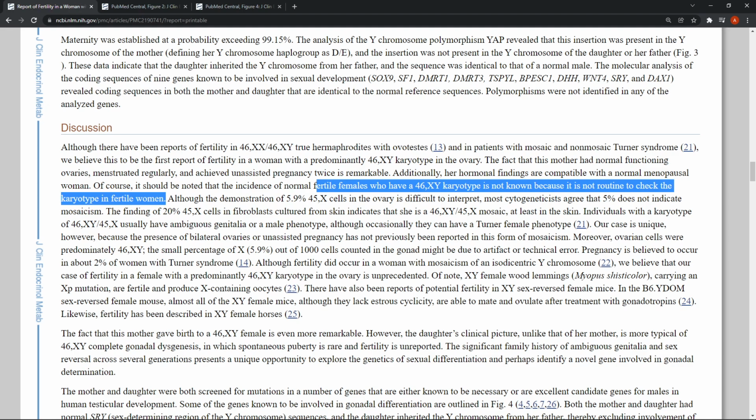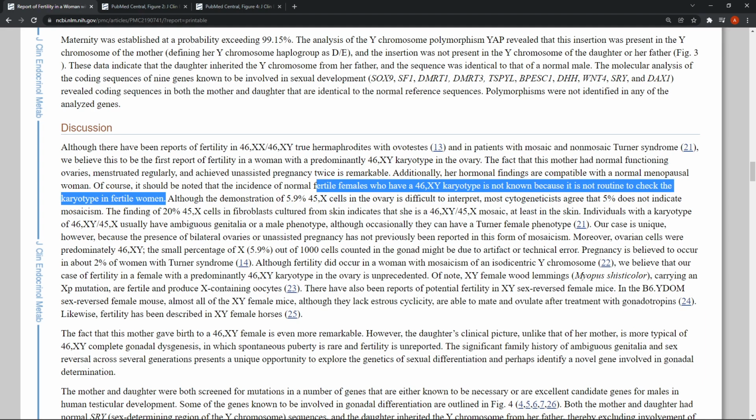So we don't know. This could be a huge population of women out there with this 46XY karyotype that we just don't know about because we're never going to test them. And this is a big takeaway from this paper, is that we don't know that much.